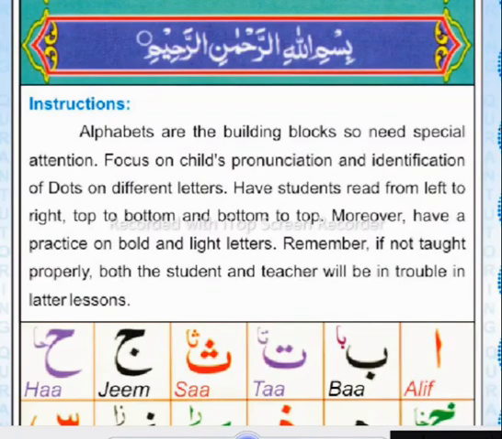This is the Holy Quran basics as well as Arabic. So let's start reading and memorizing and understanding these letters. These letters are basically the alphabets of Arabic language and the Holy Quran. They are the building blocks of that.